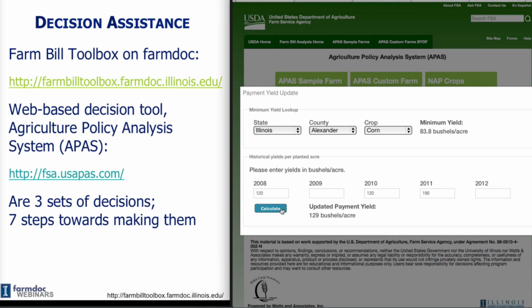Question here. Let's see. Some of these questions are a little longer. We got to take some time to read them. What if my tenant has combined my farm and another farm that I do not own? Can I get FSA to separate out my farm so I can make the yield and base acre decisions on my farm? I don't know the answer to that. Yep, that's a pretty specific question. I would check with FSA on that.